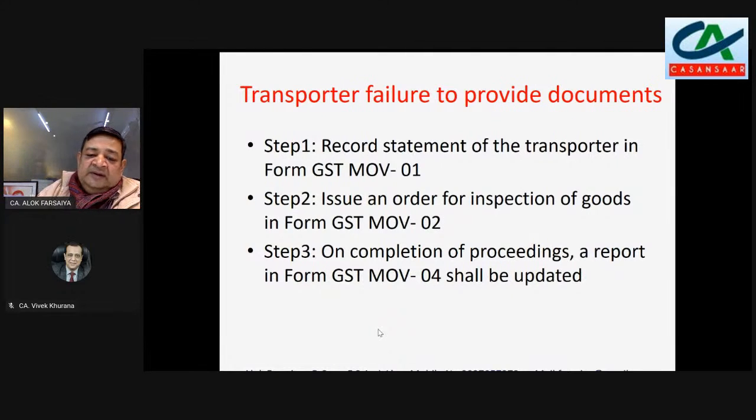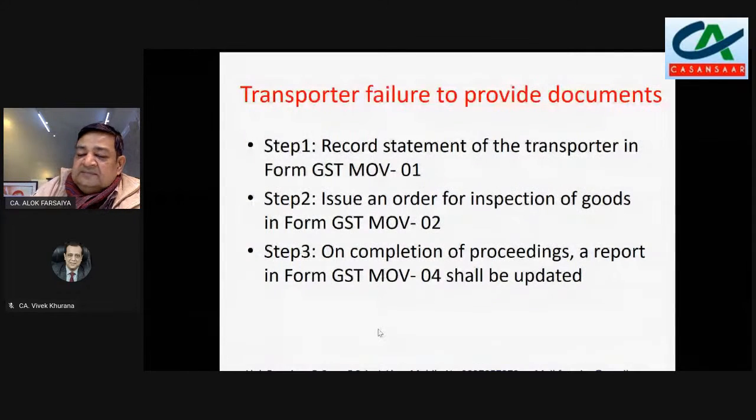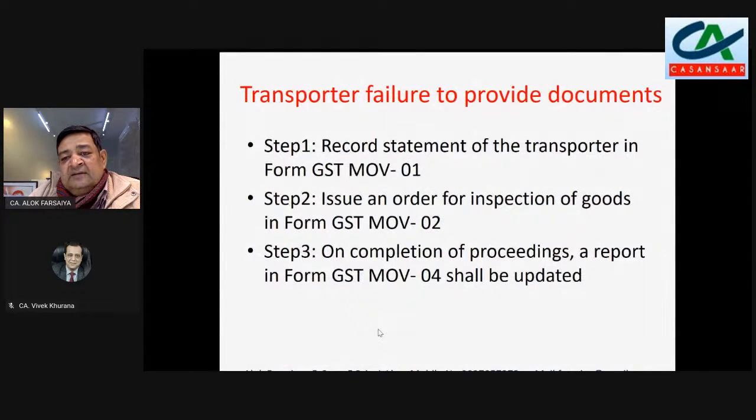After examining such objections, either they can release the goods or they can seize the goods and ask for the penalty. And if we have to deposit the penalty, then there is an option: we can deposit the amount in cash, or we can deposit a bank guarantee and take up the matter further for adjudication.